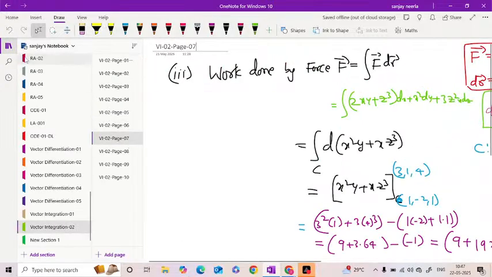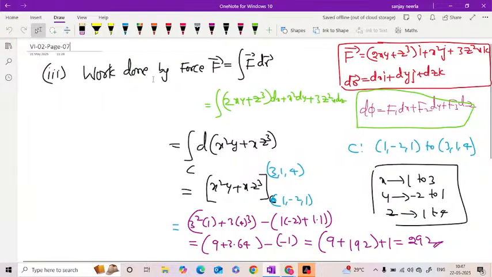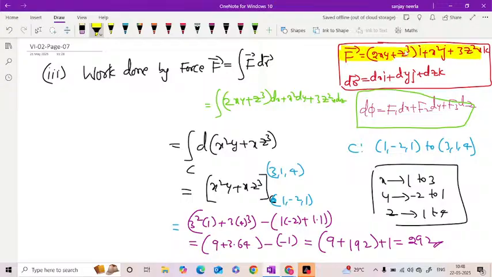That means we have to find the line integral. That means the work done by the force is the integral of f dr. Already, what is the vector point function? This is the vector point function: (2xy plus z cube) i plus x square j plus 3z square x k is the vector point function, and substitute.